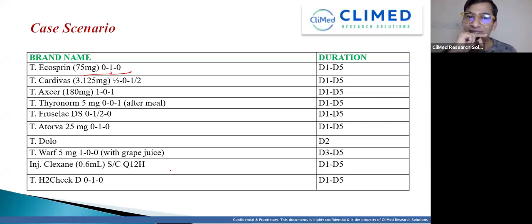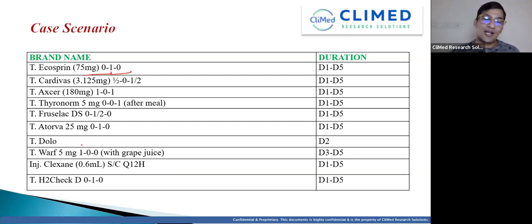Yes, it is for gastric, but what exactly? It's a very simple name. A proton pump inhibitor, PPI. H2 Check is pantoprazole and domperidone.